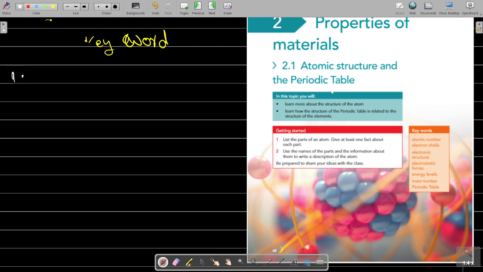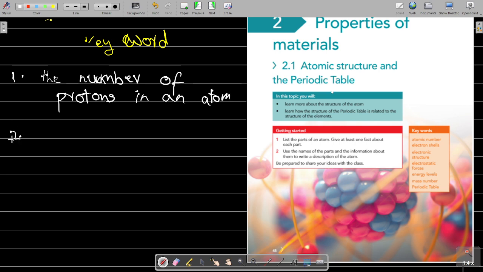Number 1 is called atomic number. It's the number of protons in an atom. These keywords are very, very important. The number of protons in an atom.